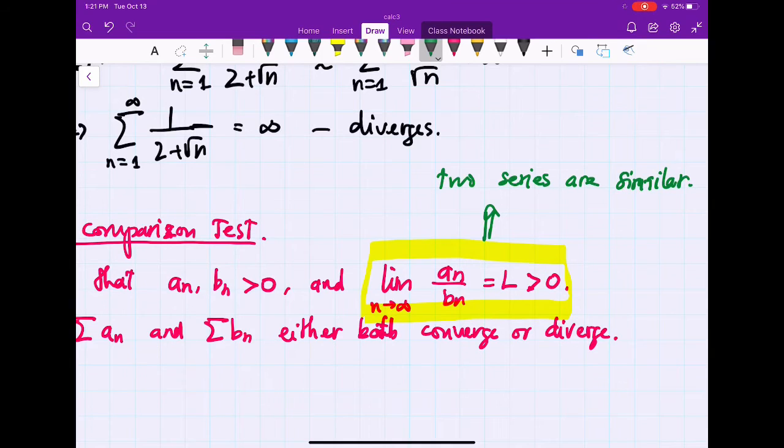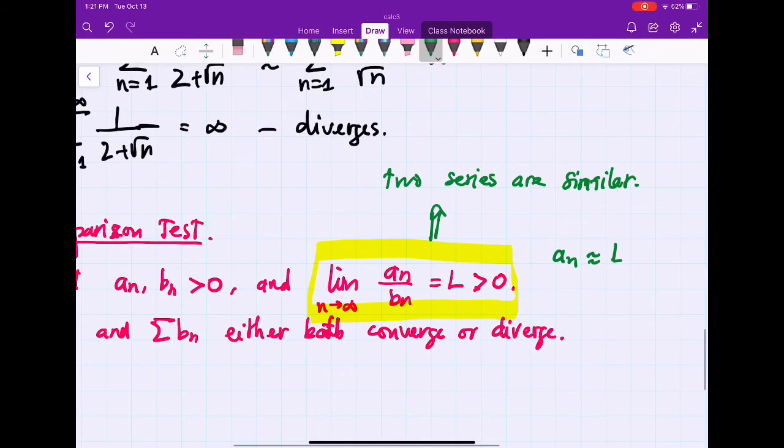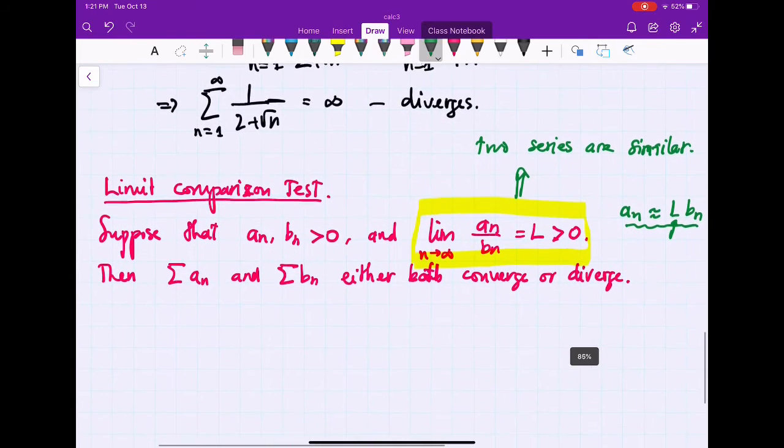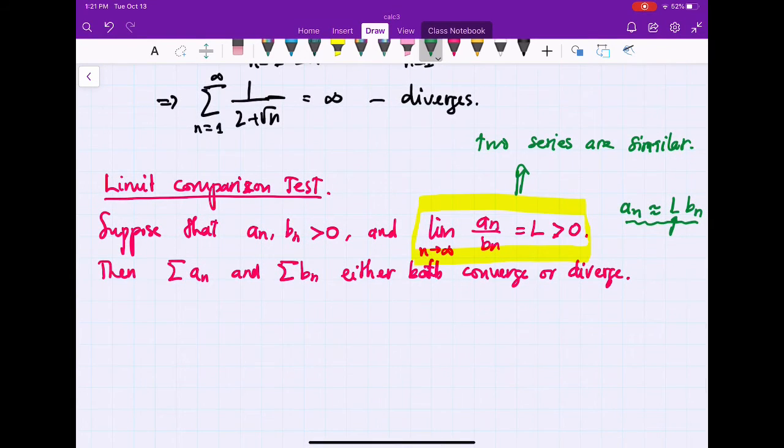So an is like a scalar multiple of bn, that is, an is similar to L bn, but since you multiply by a scalar, that does not affect the convergence of your series. That's why the two series converge or diverge together. Does that make sense? You can see a very short proof in the textbook, but that is just a very short explanation.